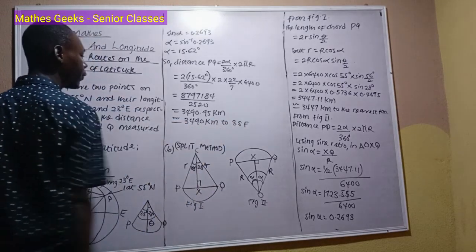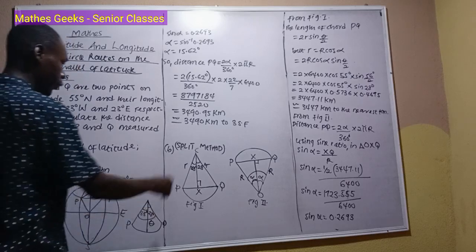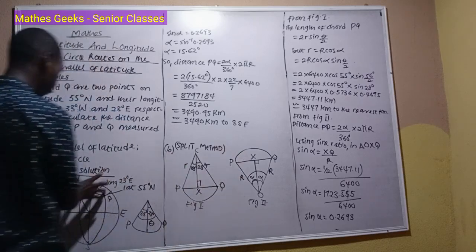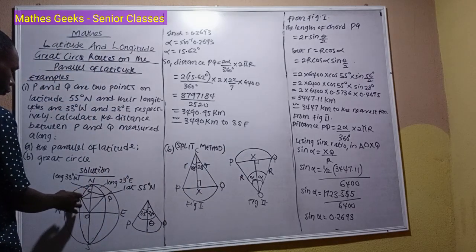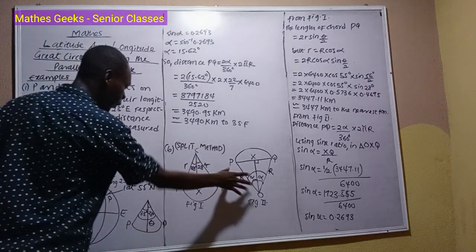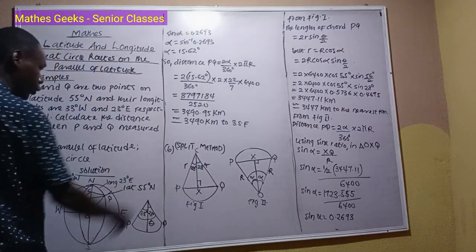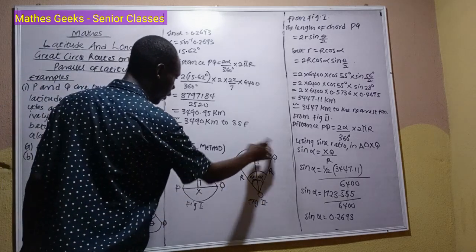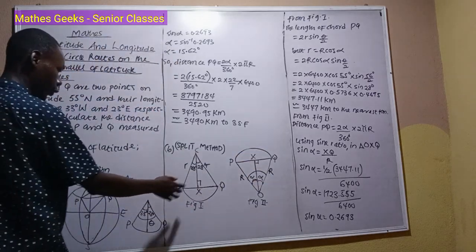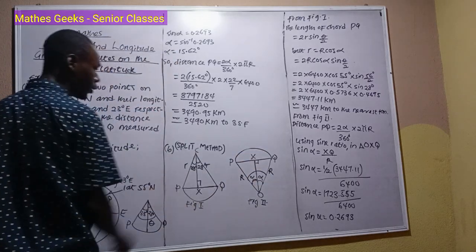So this is the final answer. In essence, we had to split the information into two parts. The first part is the small circle arc PQ, and the other part is the great circle arc PQ. From the small circle arc PQ, we were able to get the length of the chord.